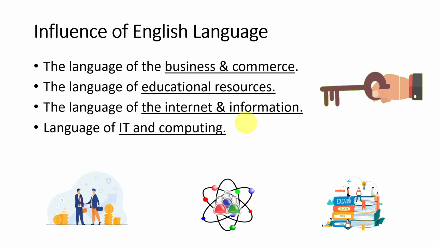Then the internet and other information, especially because of the American influence and also IT and computing. And therefore, a lot of those resources, and especially programming languages, the languages of the web, HTML, CSS, we all use the English language or a variant of the English language.